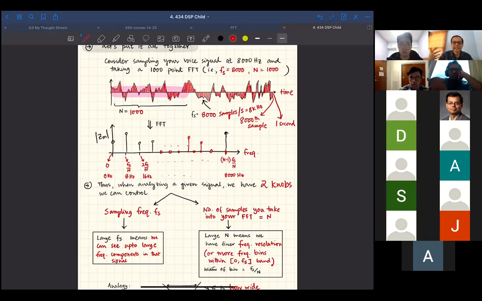It's analogous to that. But the more you increase N, you're looking at the same White House with more pixels, so you have better resolution. If you reduce Fs but increase N, that means you're looking at a narrow part of the White House, maybe the entrance, but at super high resolution.